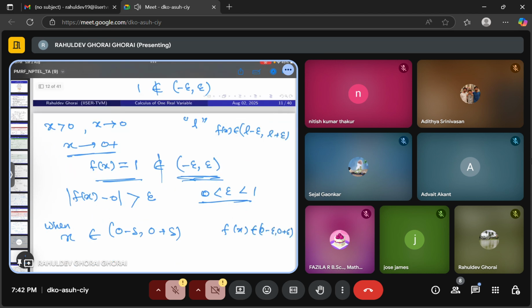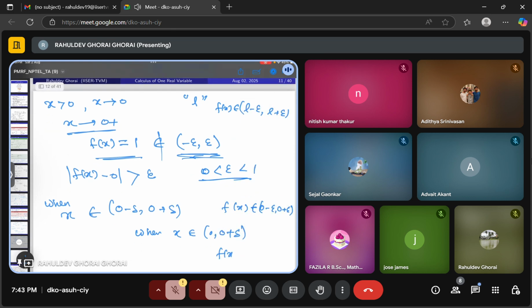When x is from 0 to 0 plus delta, for any delta, f(x) does not belong to minus epsilon to epsilon. So that is violating the condition, and 0 cannot be a limit.